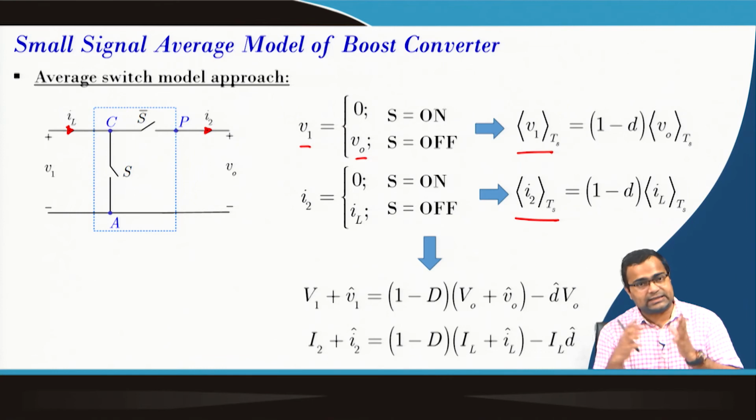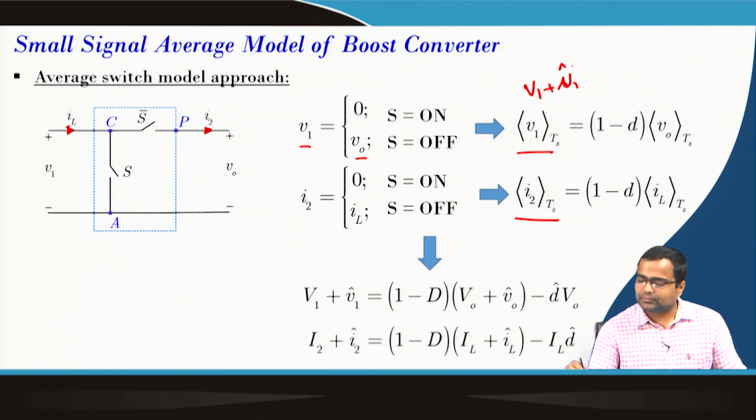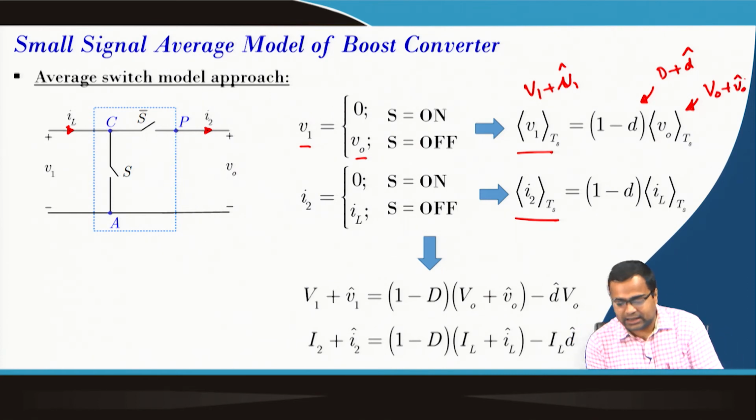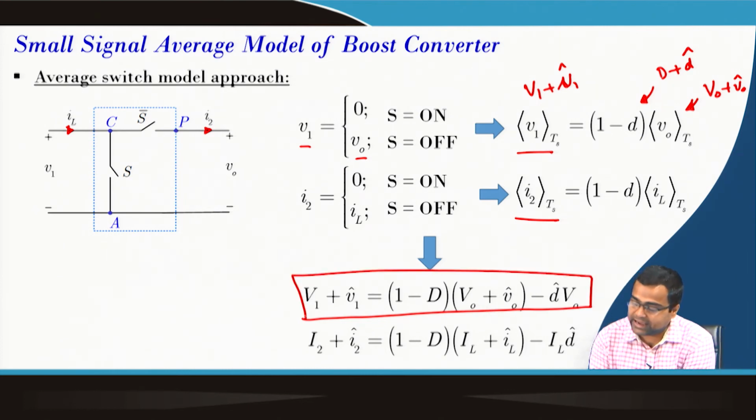Then, using the same method, if we replace this quantity with V1 plus V1 hat, and we replace d with capital D plus d hat, and this quantity with V0 plus V0 hat, then we will arrive at this equation from this equation by ignoring the term d hat into V0 hat.